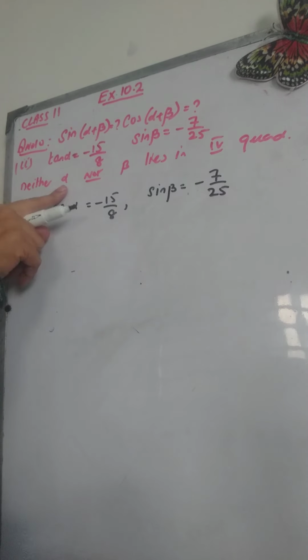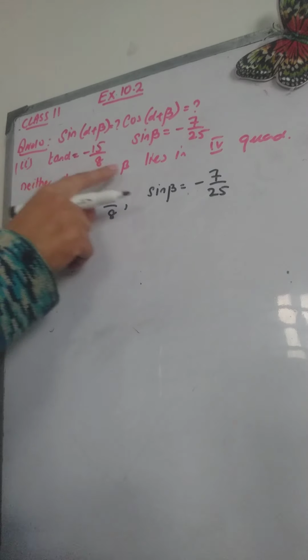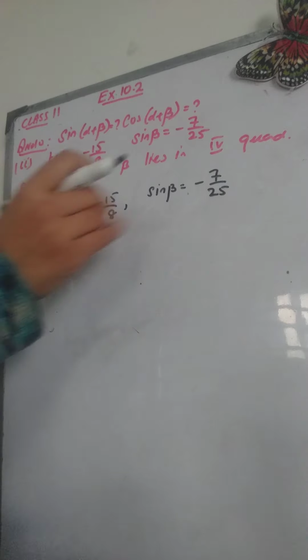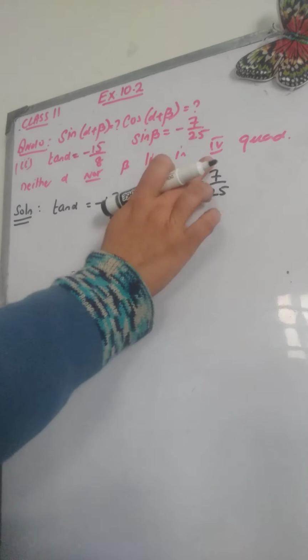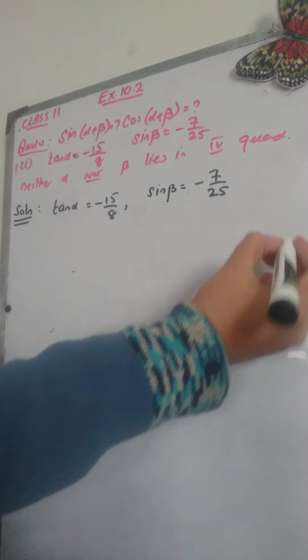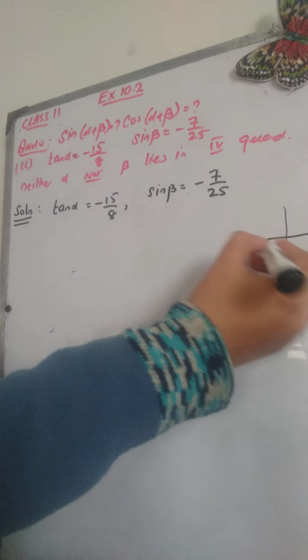So alpha does not lie in the fourth quadrant, and beta also does not lie in the fourth quadrant. We won't take alpha and beta in the fourth quadrant, because it is given in the question. So the only possibilities are the remaining three quadrants.